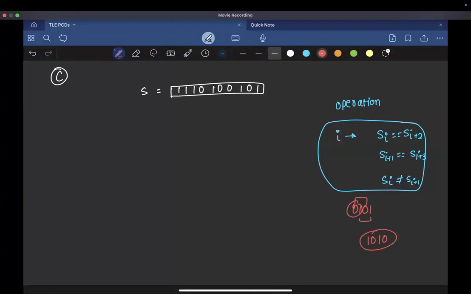Right. So what we do in the operation is, after choosing this, we swap Si plus 1 and Si plus 2. So the string 0101 will become 0011, and 1010 will become 1100.